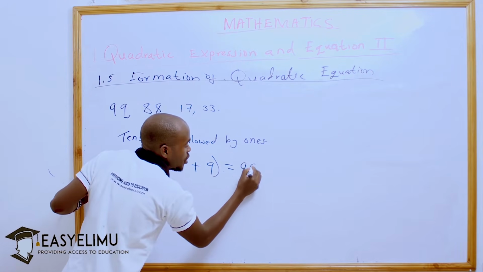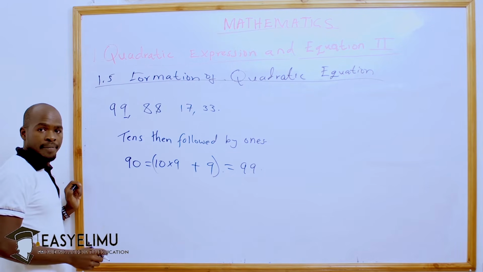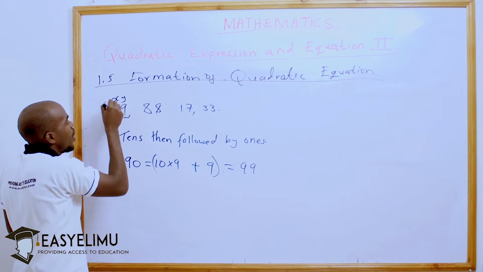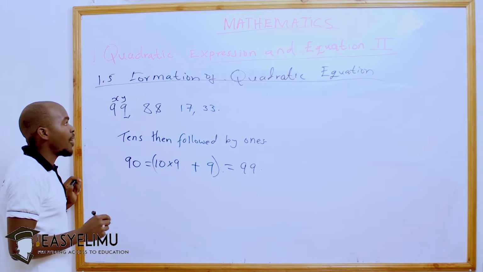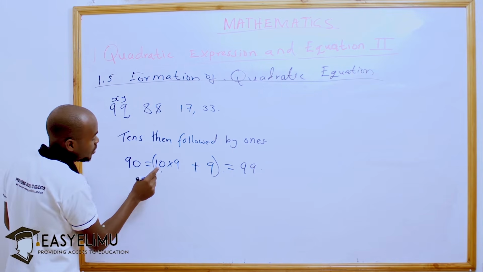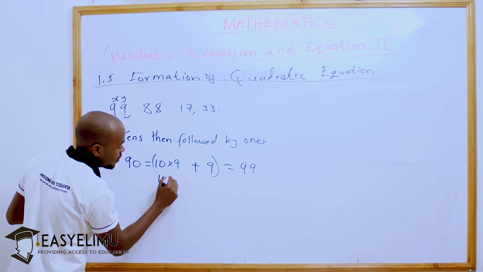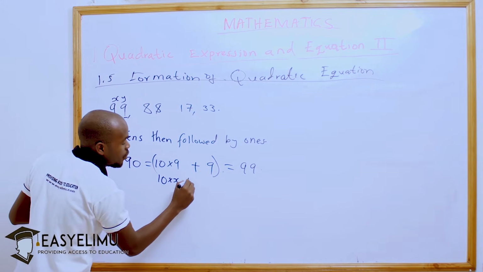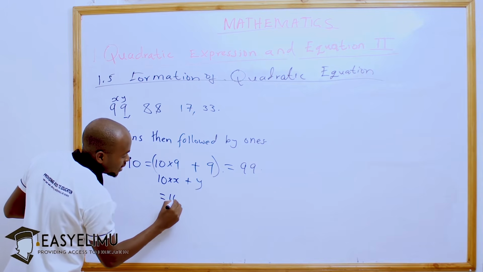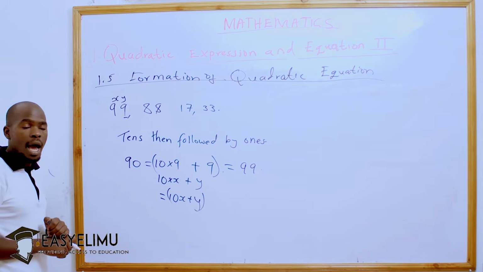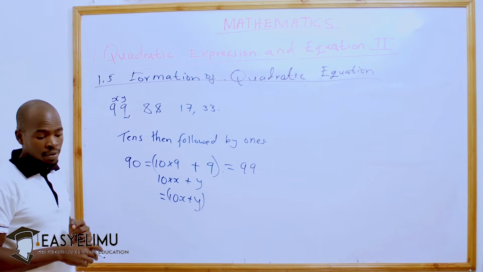If you do that, we are going to get 99. Taking an example, if xy is our 2-digit number, then it means it's the same as taking 10 multiplied by x, then we add y, meaning we shall get 10x plus y as a 2-digit number from this observation.